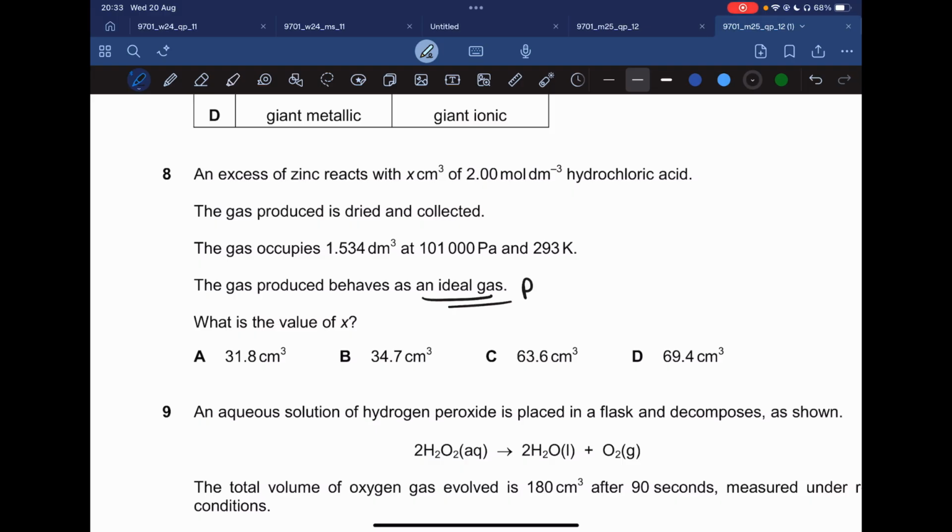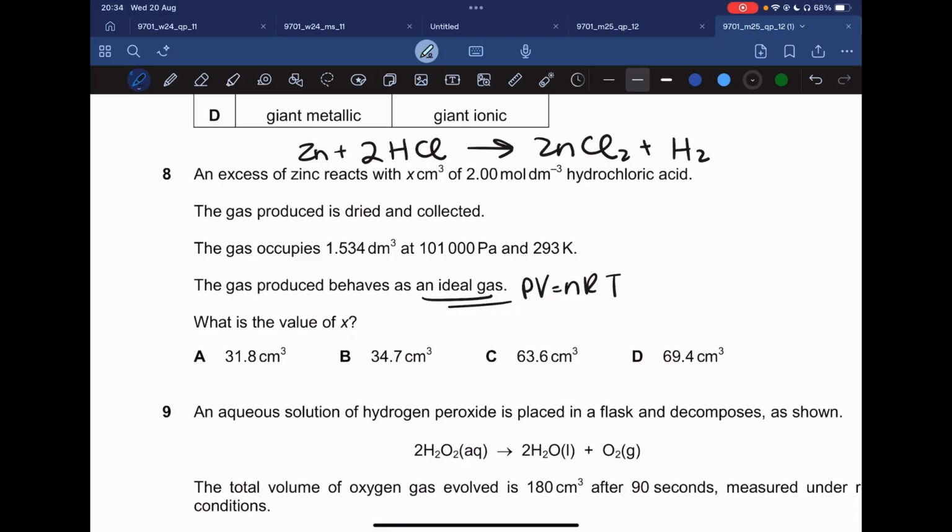We're probably looking at PV equals nRT. So we're looking at zinc plus hydrochloric acid forms ZnCl2. Remember, zinc we assume is at an oxidation state of 2+, so right now we have this as a balanced equation. So always write your balanced equation out.